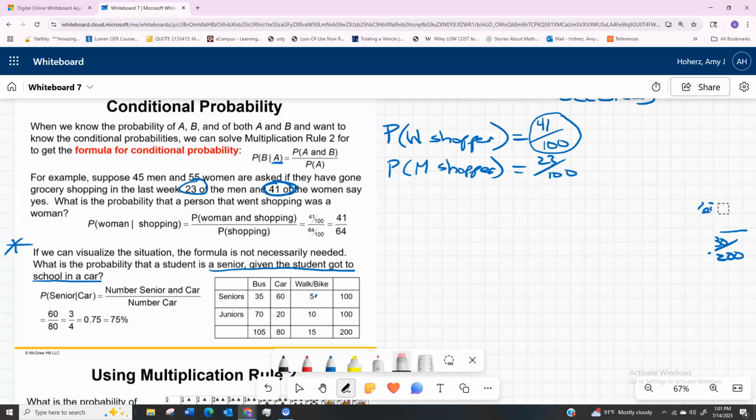This one, the given happened to be the way that they get to school. But we can do it the other way. So let's do one, say, what's the probability that they rode the bus given that they're a junior? Okay, so remember that this means we're only given the juniors.